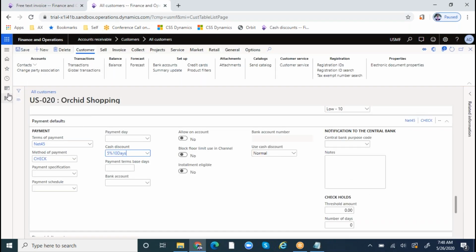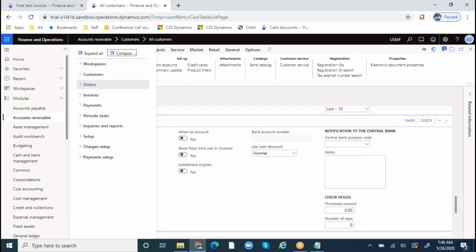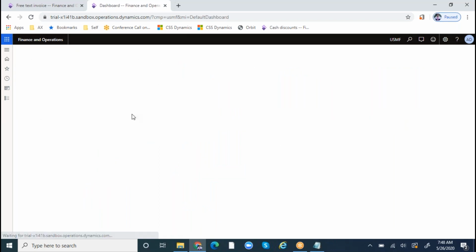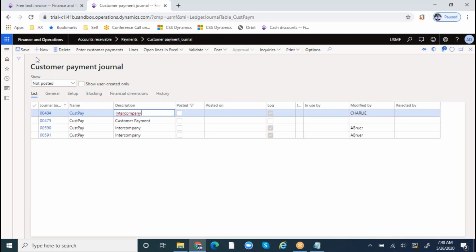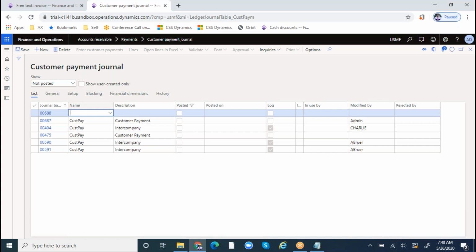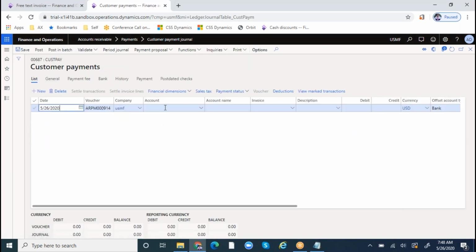Now I'm doing payment, customer payment. So collapse all, payments, customer payment journal. Click on new, select the customer payment, click on lines. Select the customer US 020.